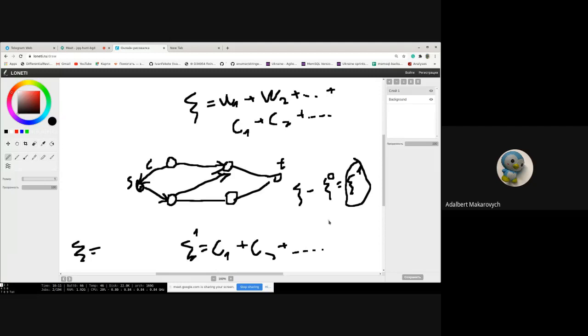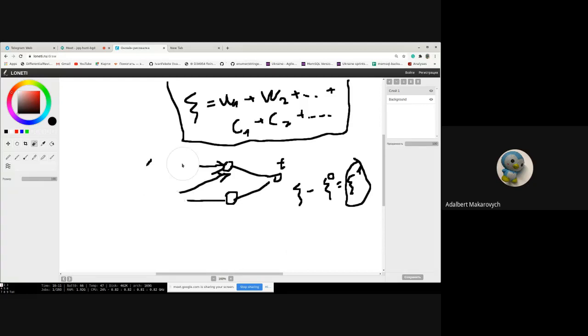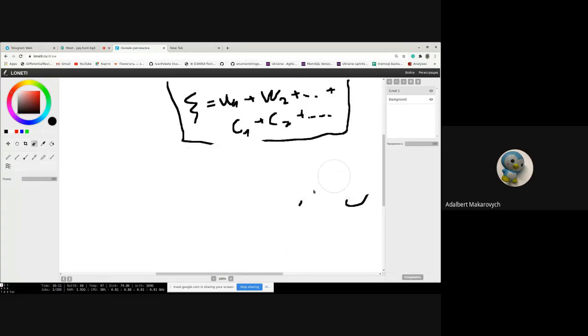At first, I said that every flow can be split into ways and cycles. I can also prove this. Suppose we have some flow in the graph.